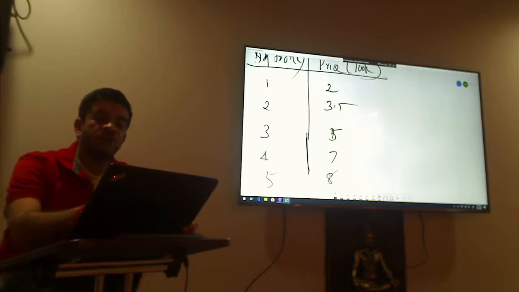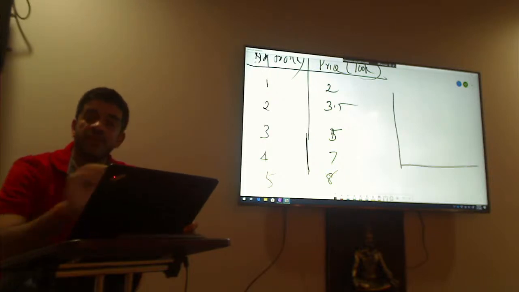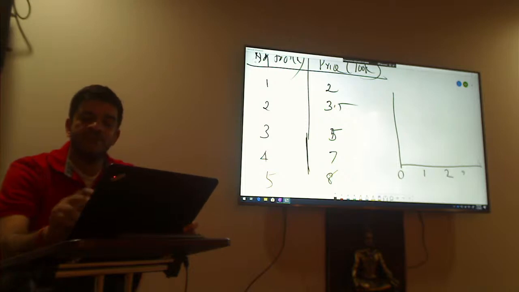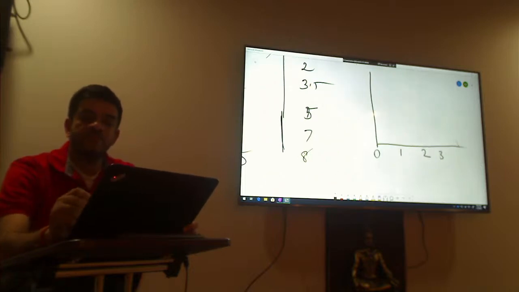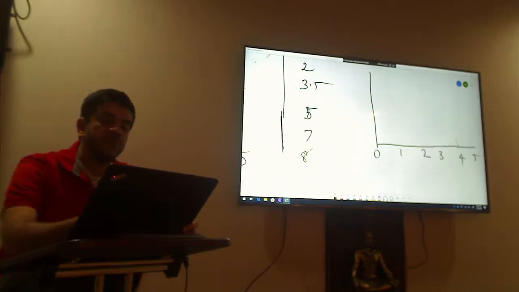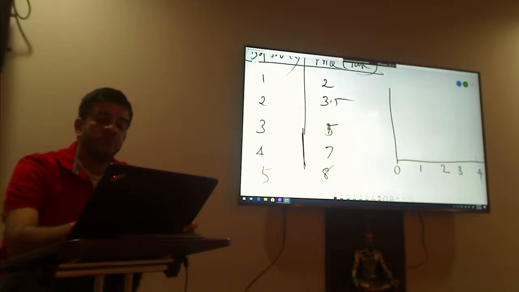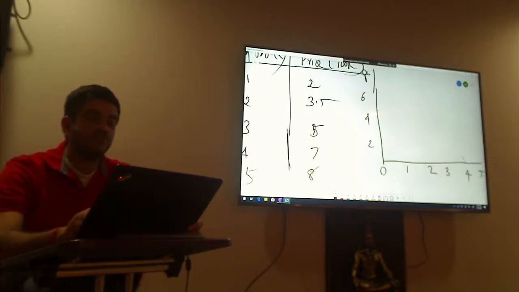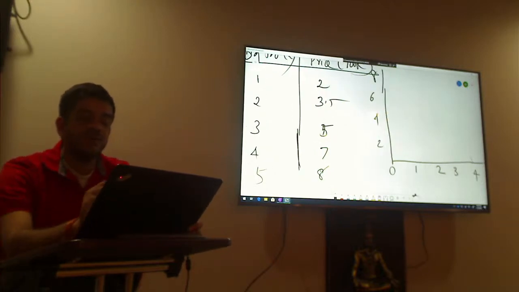So first you can plot the actual values. So this will be 0, 1, 2, 3, 4, 5, and this will be 2, 4, 6, 8. What was the first value? This was 1, you had 2.